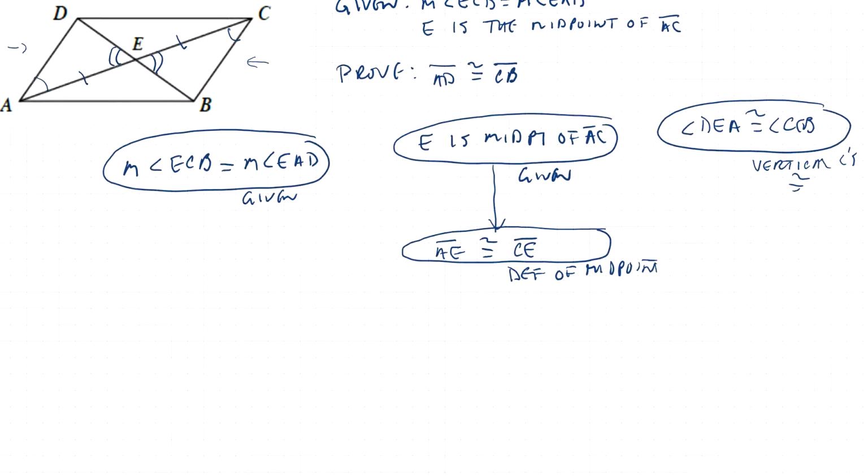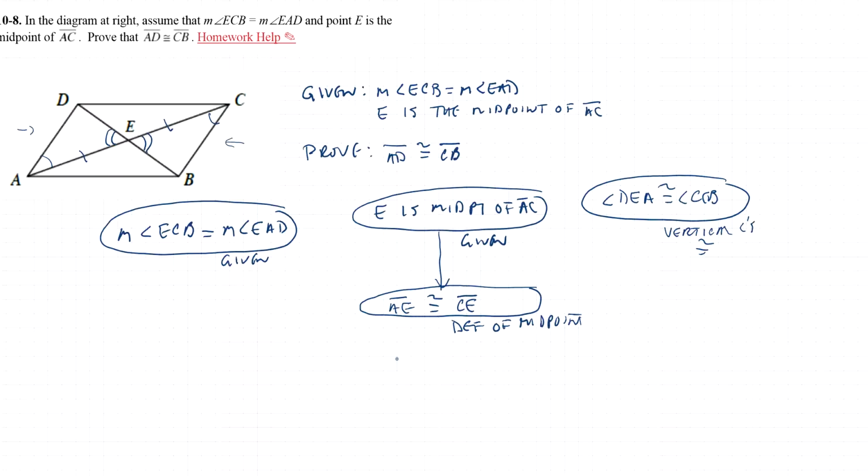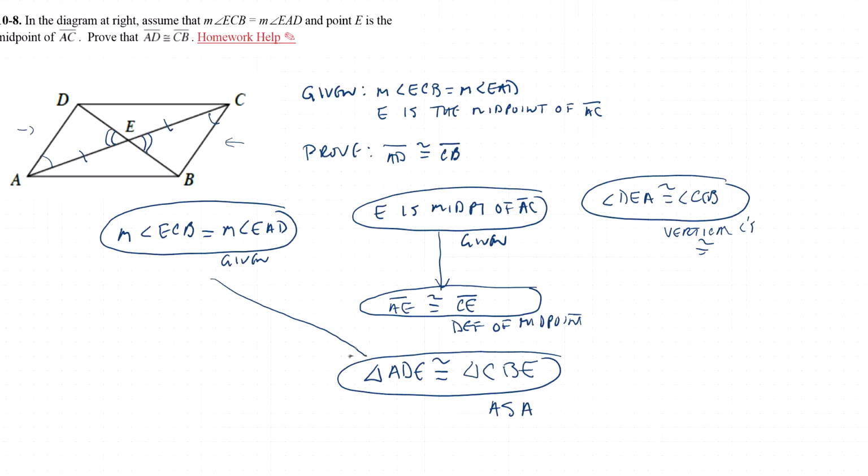So from that statement I can say triangle ADE is congruent to, what's the same thing as A would be C, what's the same thing as D would be B, E. And so I know these triangles here are congruent because of, looks like, angle side angle. And so all of this information here points to this.